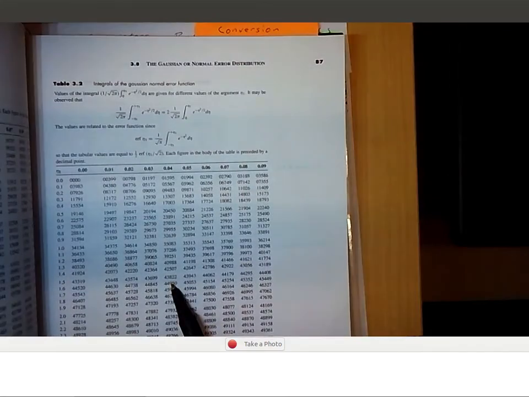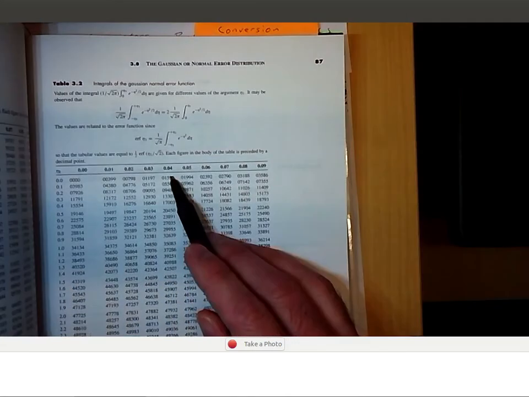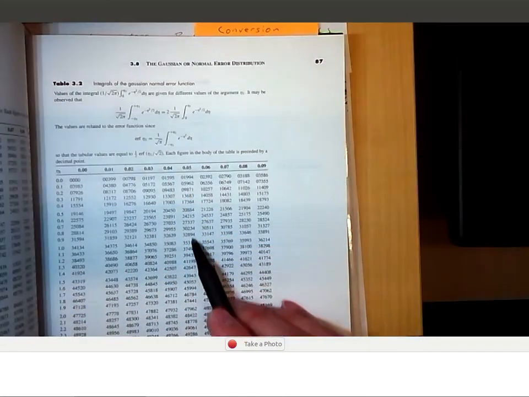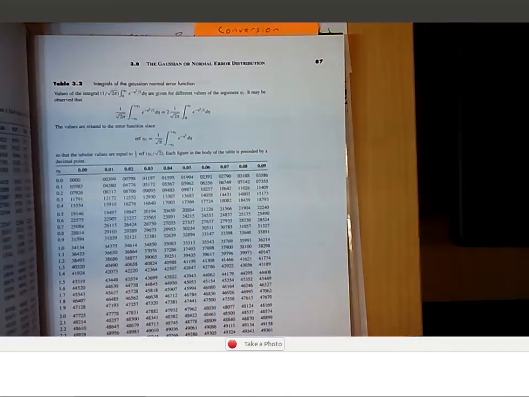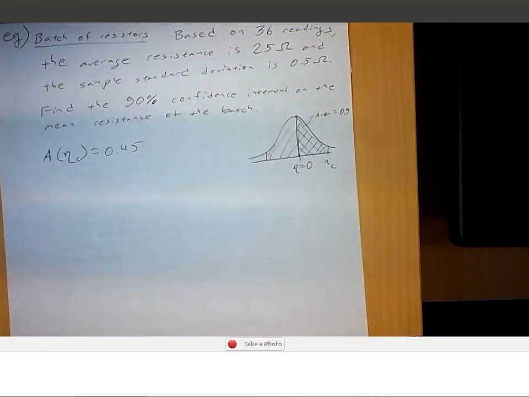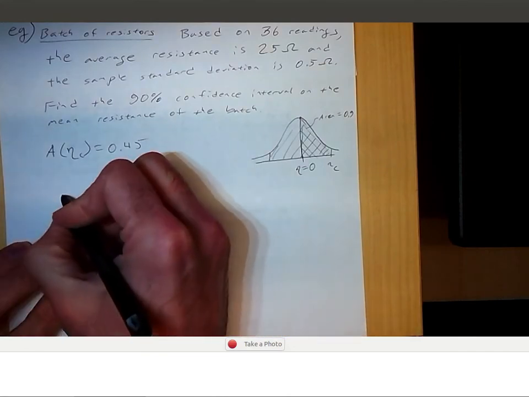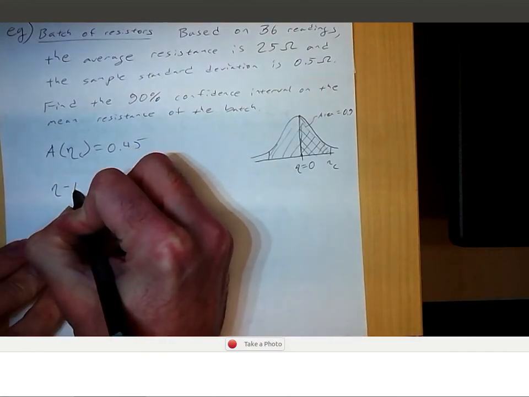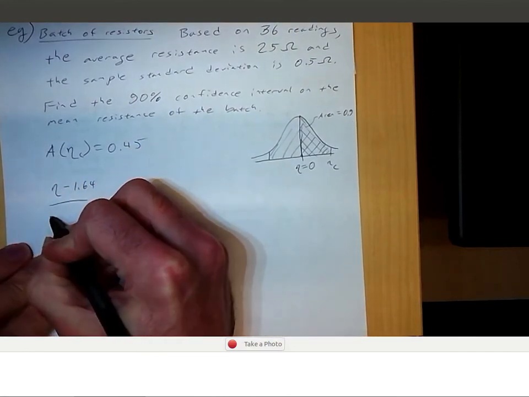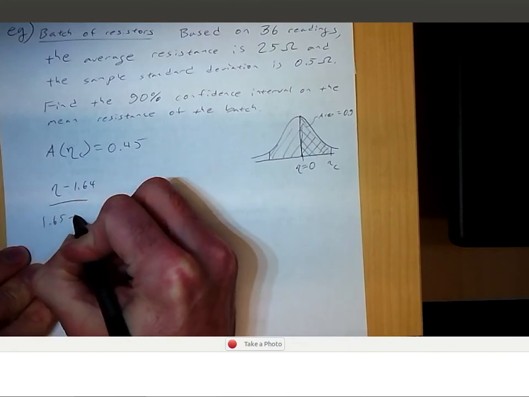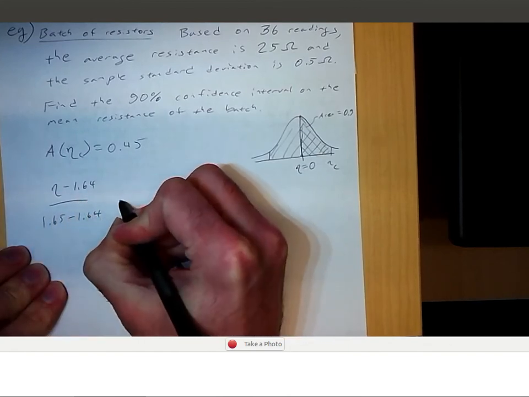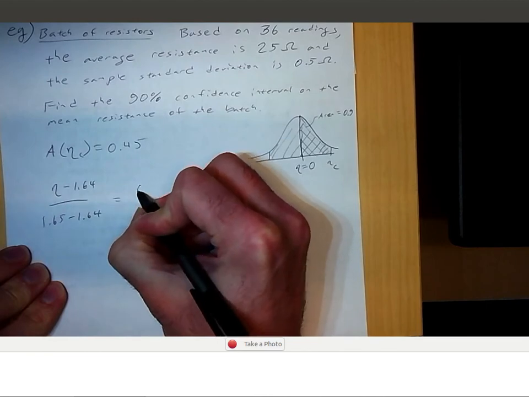So we know our value for eta is between 1.64 and 1.65. And we can interpolate, do a linear interpolation to get that value for eta. So eta minus 1.64 divided by 1.65 minus 1.64.